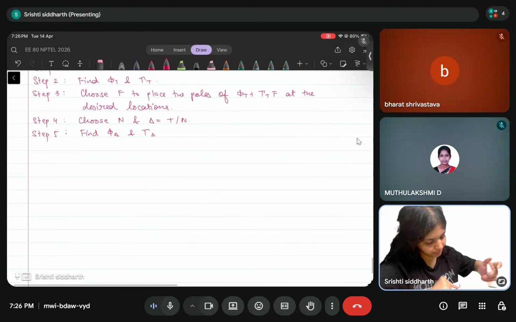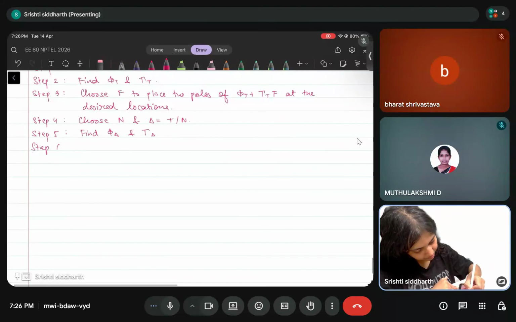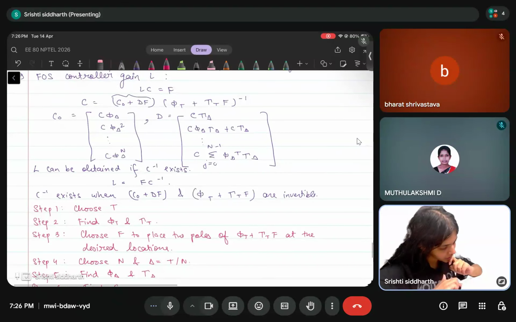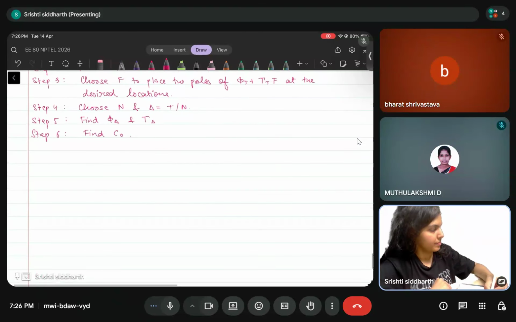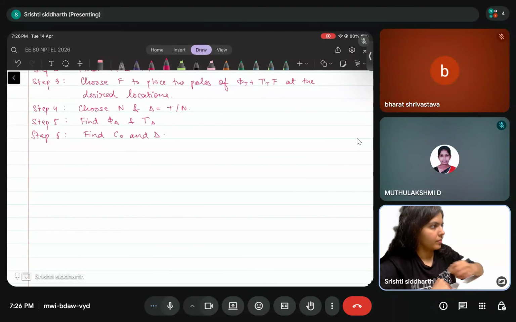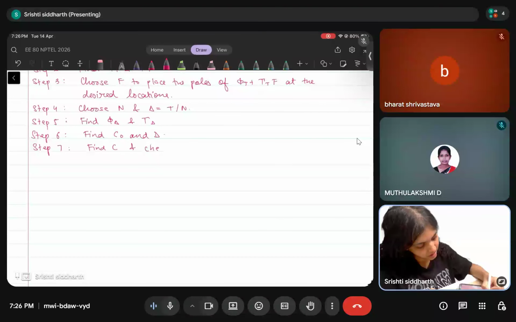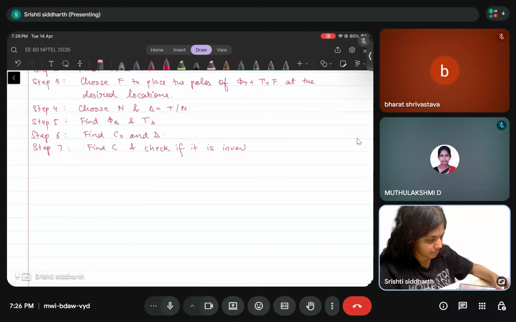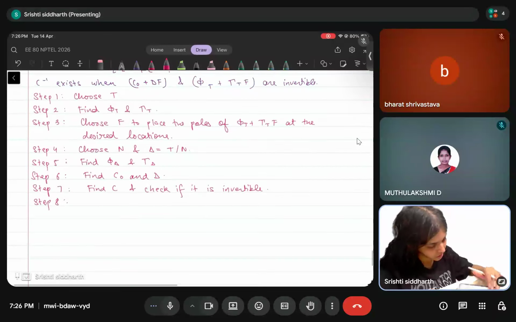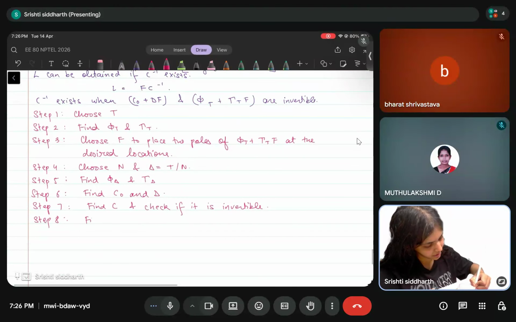Then we find C0 and D. Step 7, find C and check if it is invertible. Step 8, find L, right? So find L equals F C inverse.